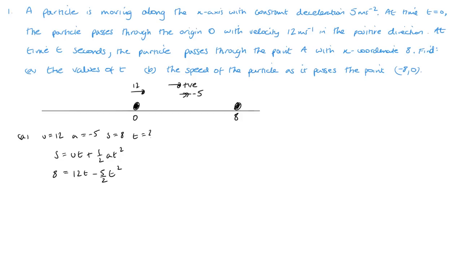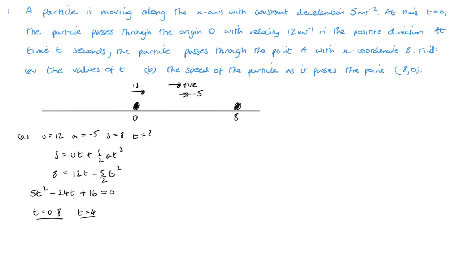So multiplying by 2 and rearranging gives me 5t squared minus 24t plus 16 equals 0. And the answers are 0.8 and 4.